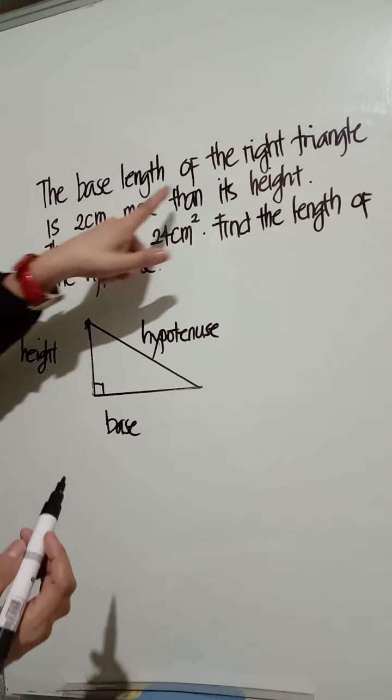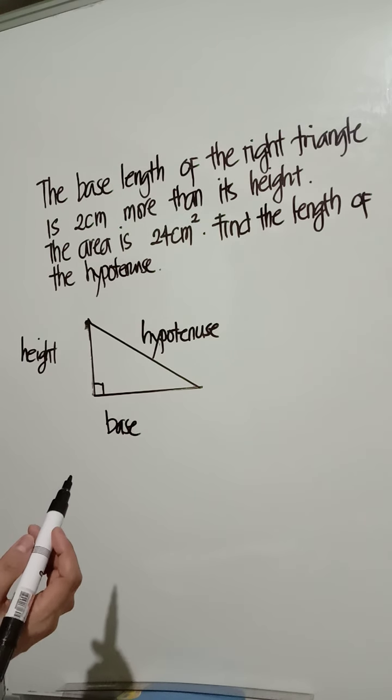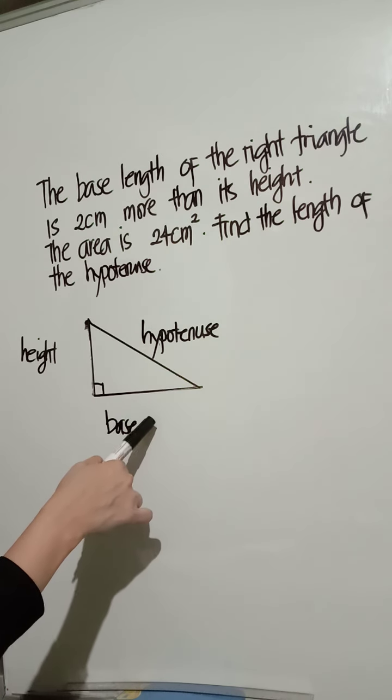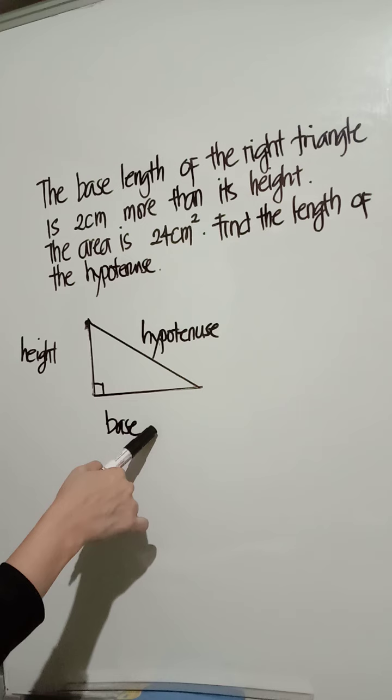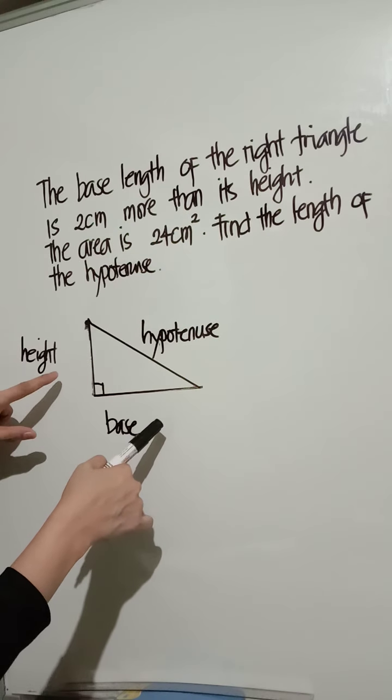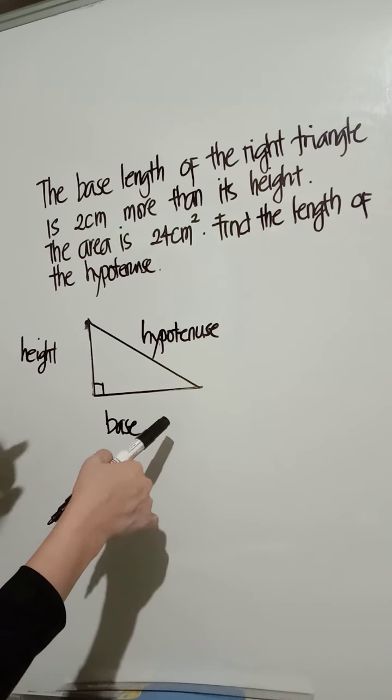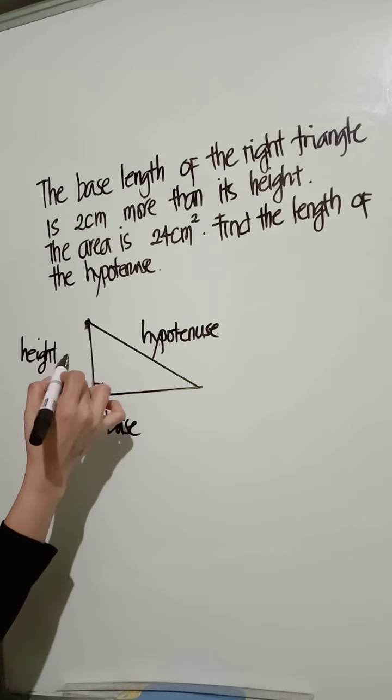So the base length of the right triangle is 2 centimeters more than its height. Here is the base, more than its height. So we don't have the value for the height. We let x for the length of the height.